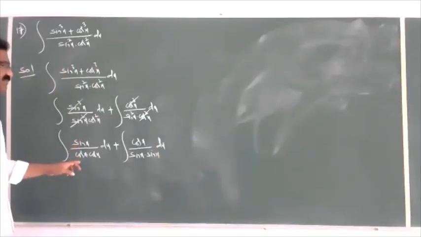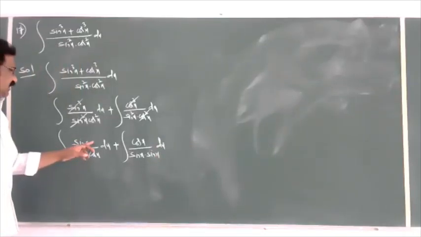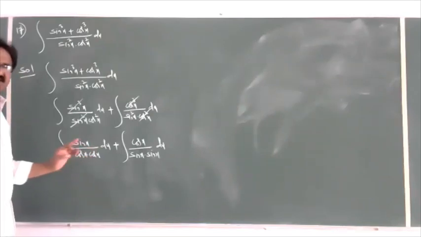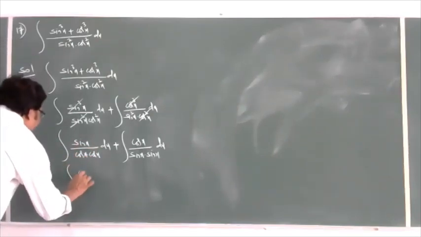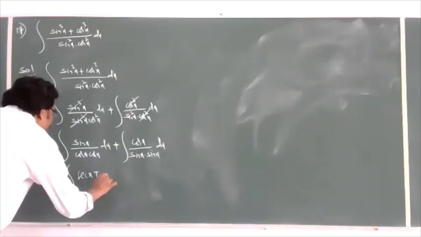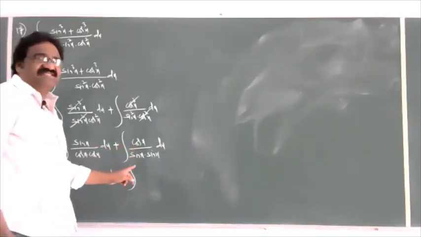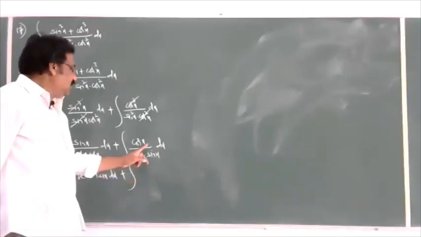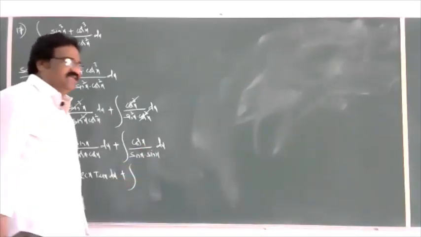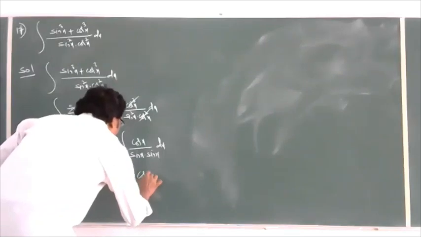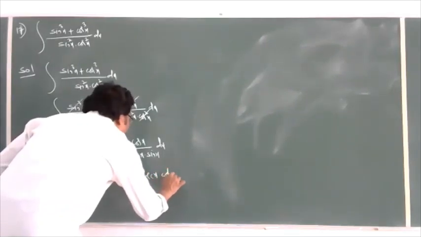Sin x by cos x is tan x and 1 by cos x is secant x, so this is integral secant x into tan x dx plus, here cos x by sin x is cot x and 1 by sin x is cosecant x, so this is cosecant x into cot x dx.